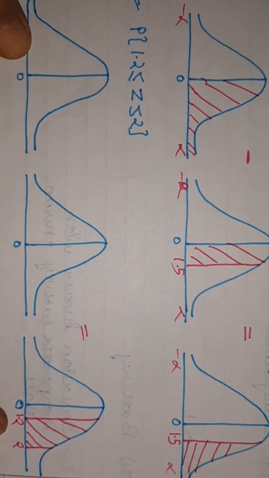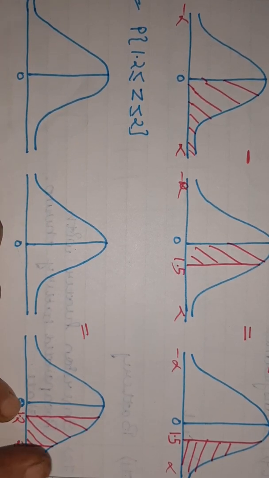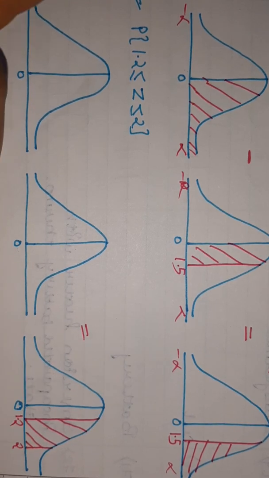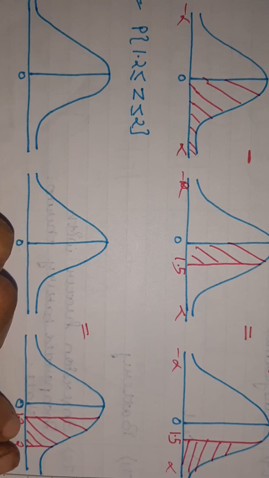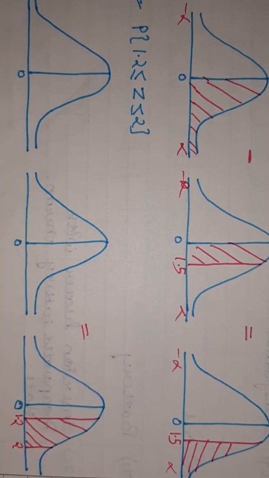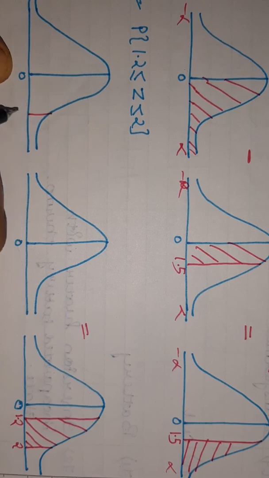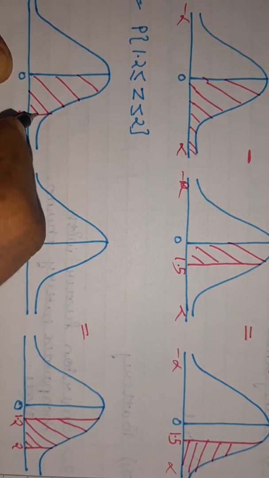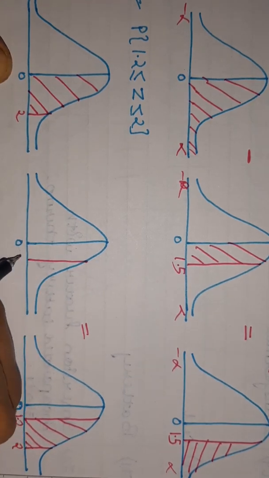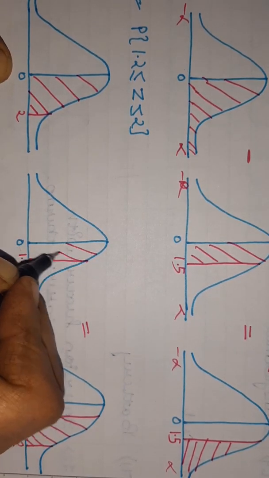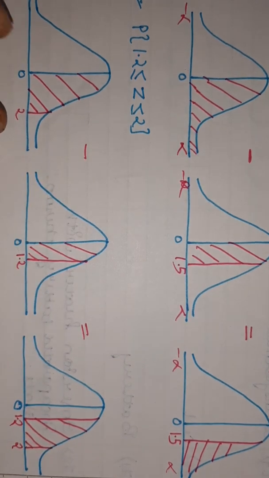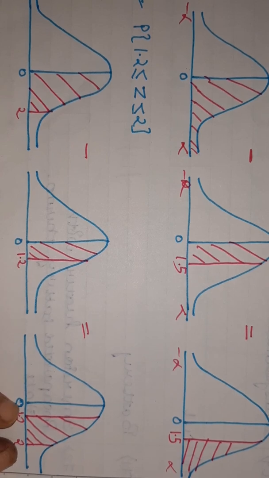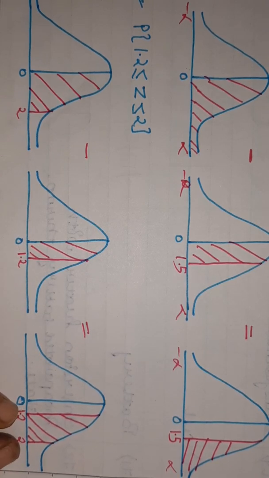If we take 0 to 2, the whole area comes, and if we take 0 to 1.2, only this area comes. We don't want this. We want from 1.2 to 2. So what we do is, from the full area of 0 to 2, if we subtract 0 to 1.2, we get the area from 1.2 to 2.